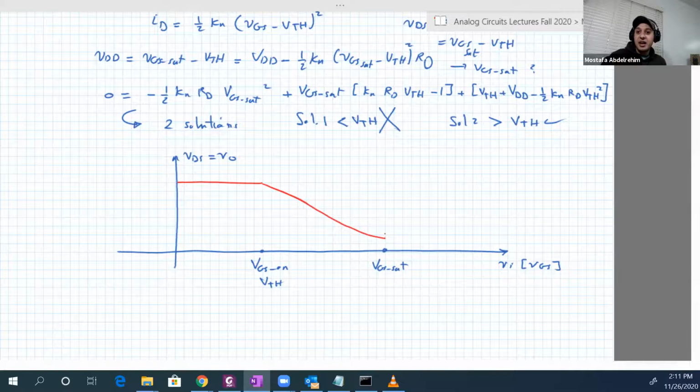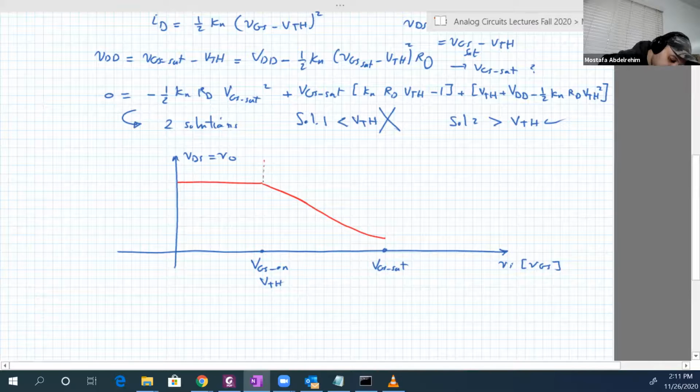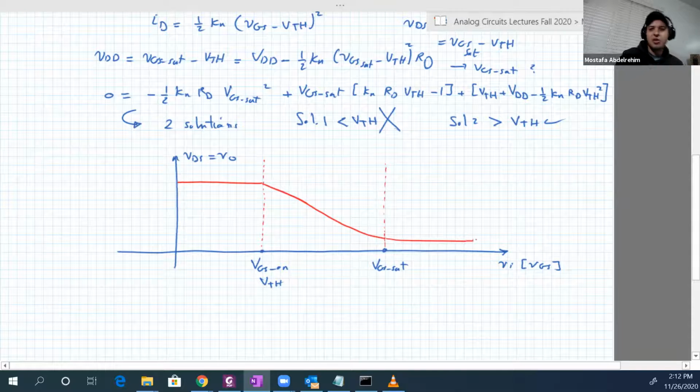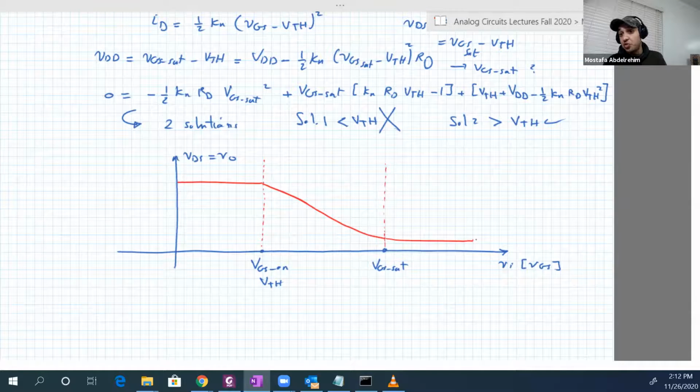That is the first and second region. Now the third region is also a quadratic relation, although most of the time VDS will be very small. So it's decreasing like this, but almost flat, decreasing at a very slow rate, as we saw yesterday in the lab.